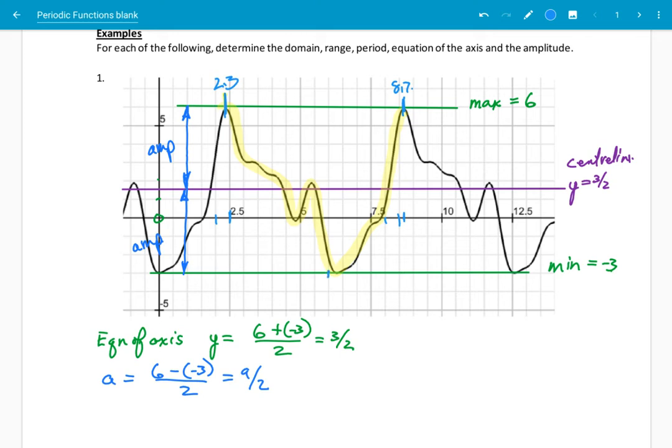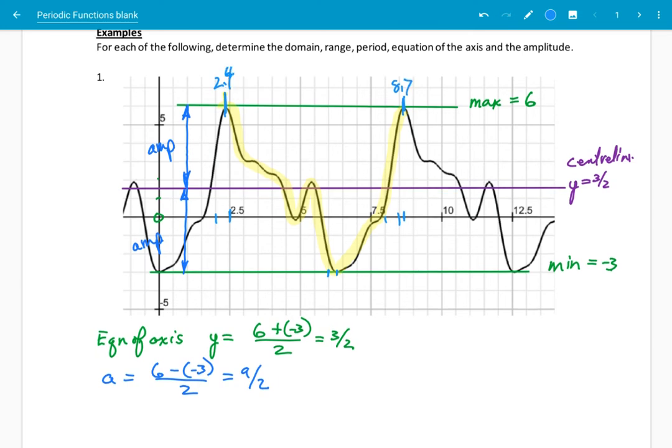This is 6 point, yeah, 6.3. See, maybe this is 8.6. Estimating, right? Well, no, I think that was 8.7. I think this is more like 2.4. So my period is the difference between 8.7 and 2.4. And I'm getting a period of 6.3, which seems like an odd amount, but that's what I have.